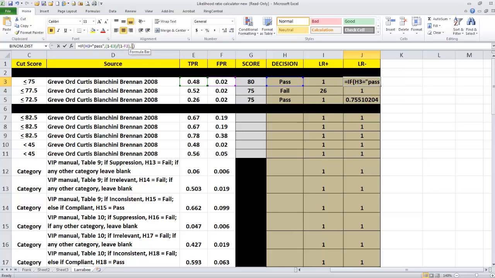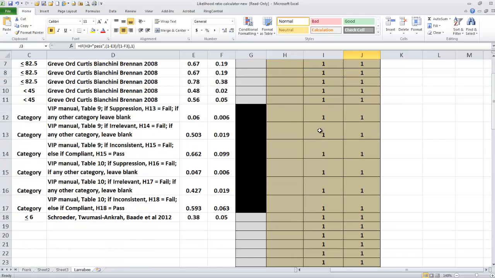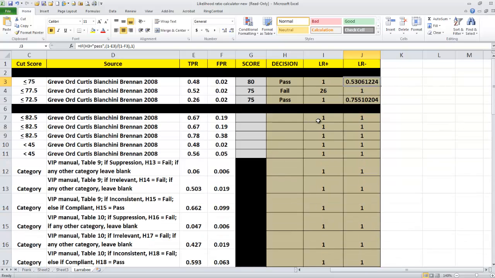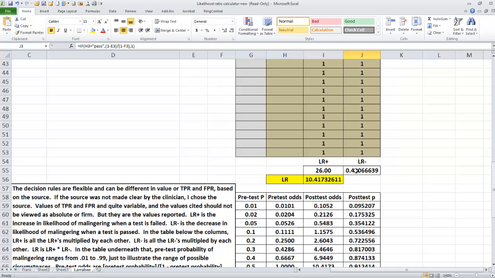Otherwise, it's equal to 1. And why would we just let it equal to 1 if you don't give the test? Simply because 1 times anything is itself. So if you didn't give the test, the likelihood ratio just stays at 1. These column products happen here, and then your overall likelihood ratio is the product of these two categories.